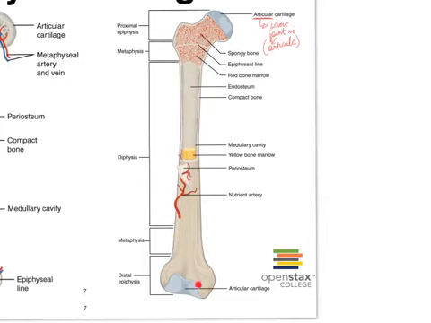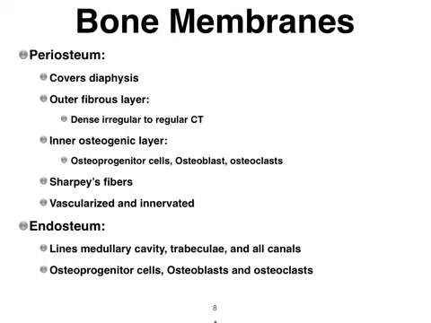It will not cover the articular cartilages, though. The periosteum sits on the outside of the diaphysis. Then lining the medullary cavity and all these holes in the spongy bone tissue, we're going to have another membrane called the endosteum.